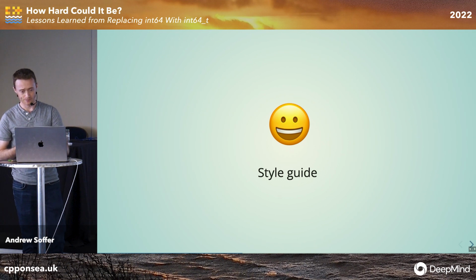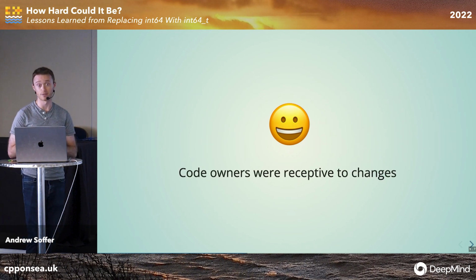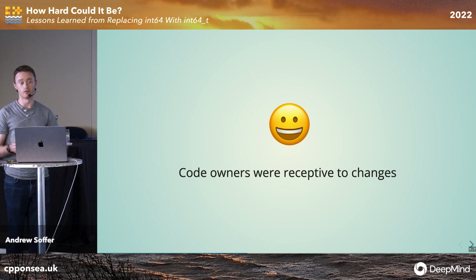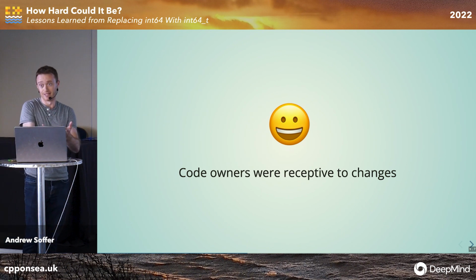On top of that, code owners were pretty receptive to changes. Right? We've really heavily invested in the idea that there aren't sections of the code base that you own and they're yours. Everyone has a sort of joint ownership over our entire code base. And so when I go and say, hey, I need to change this, people are receptive to that. And I got very little pushback on making those changes.